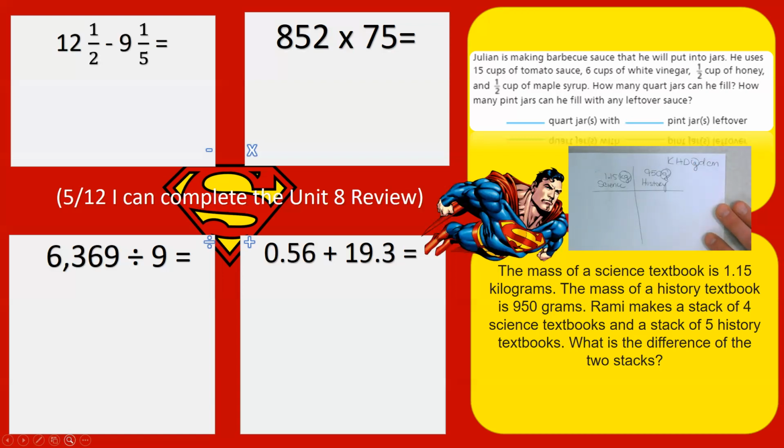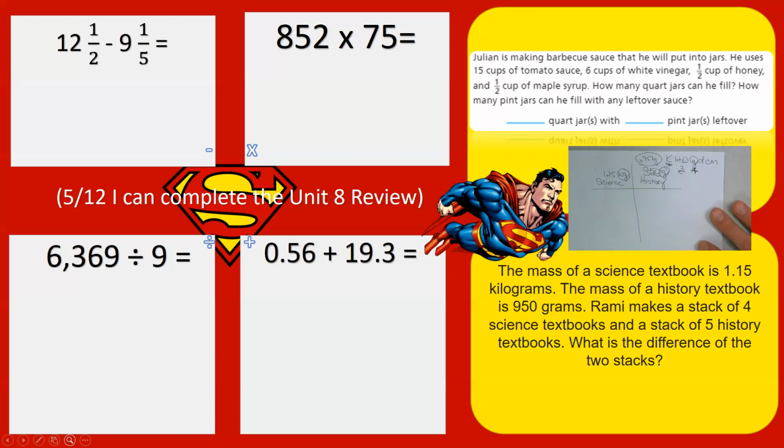So right now, this is already in kilograms, I want to turn this one into kilograms, right? So right now I'm in grams and I want to go to kilo. I'm going to go left 1, 2, 3. I'm going to move left 3. So 950 turns into 0.95 kg. So now they're both in kg.